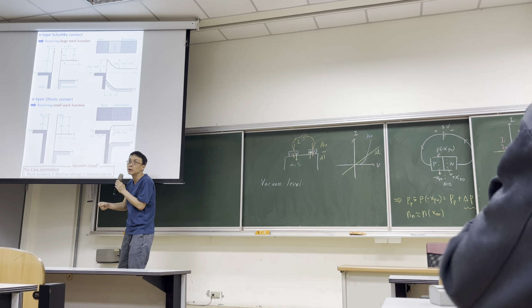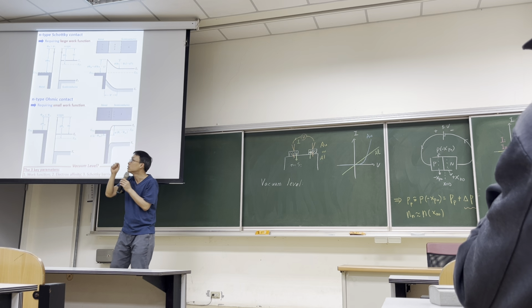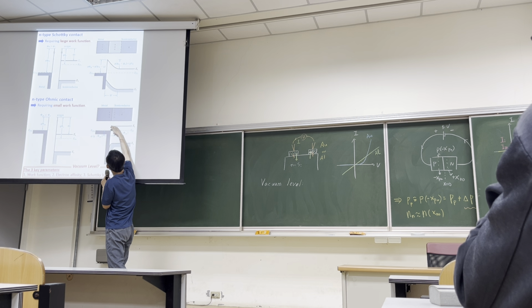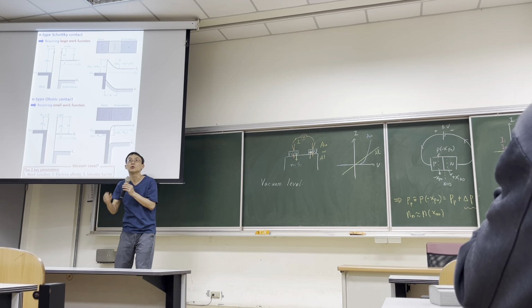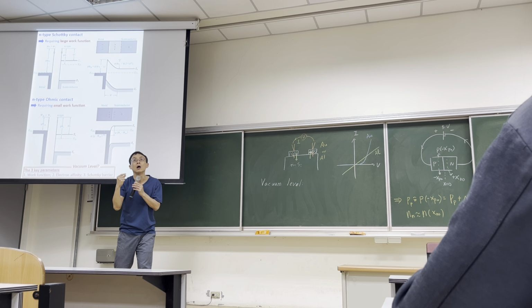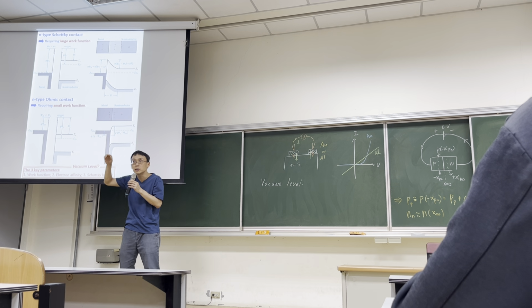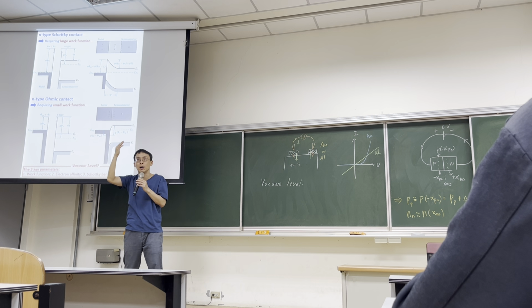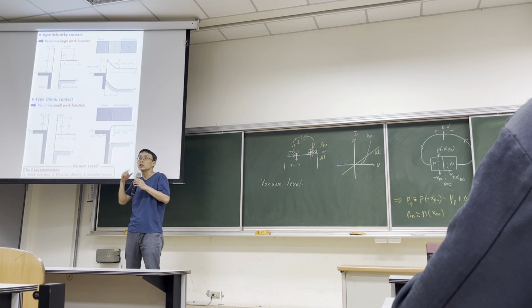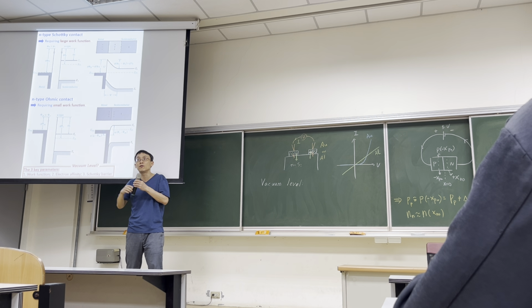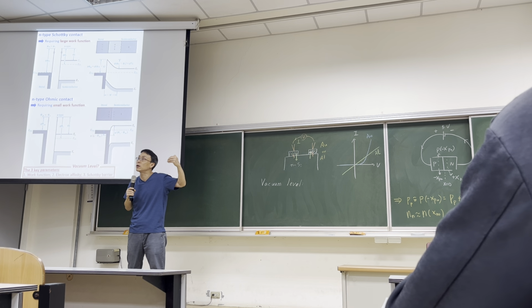The energy barrier is the energy difference between this point and this point, which is small compared to the situation on the top, where you can see when your semiconductor band is going up, you are increasing the potential barrier or energy barrier for the electron ejected from the metal.